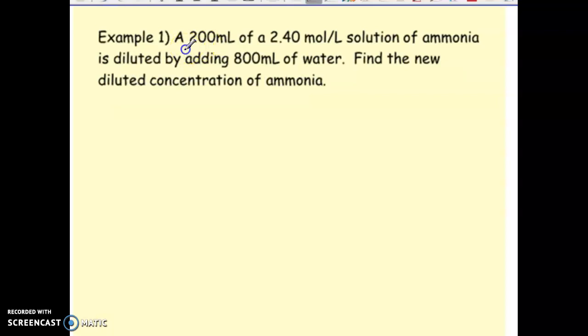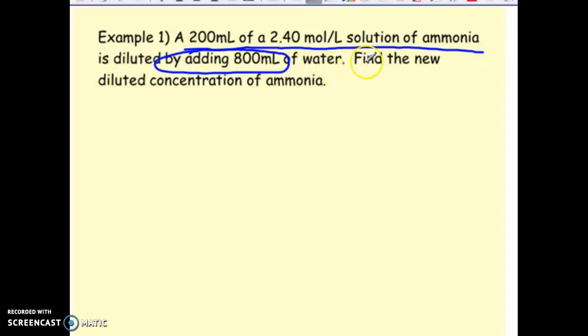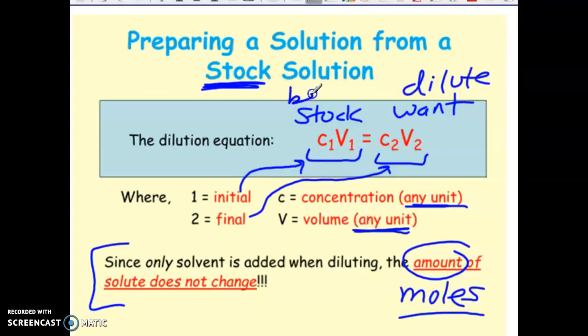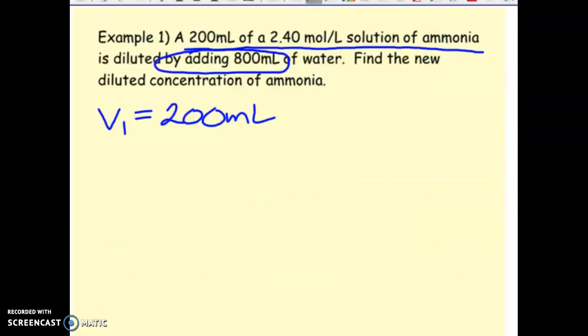Okay, so we have 200 milliliters of a 2.40 mole per liter solution of ammonia that is diluted by adding 800 milliliters of water. Find the new diluted concentration of ammonia. Our initial volume is 200 milliliters. So it's like before dilution and after dilution. Before, we have a volume of 200 and a concentration of 2.4 moles per liter.